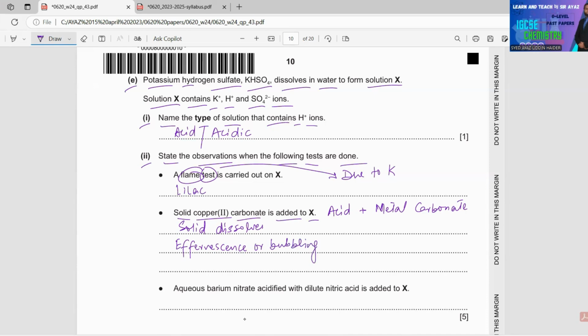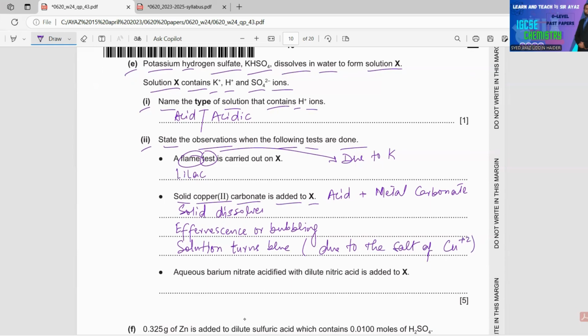Last observation, it must be the color of the copper(II) ion. The Cu2+ ion is forming a salt, so it means the solution turns blue, due to the salt of Cu2+.